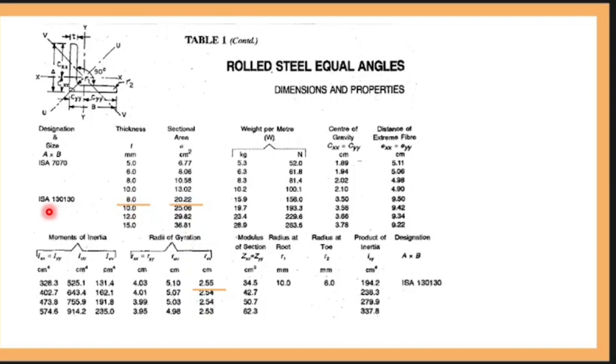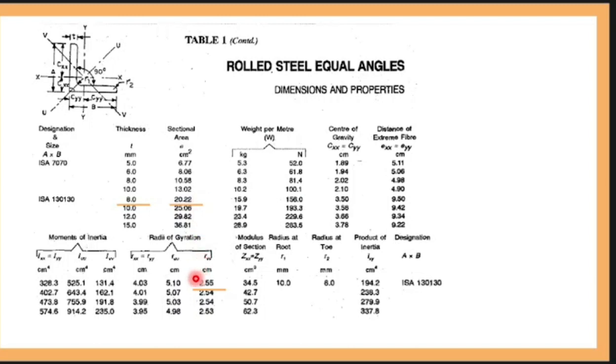Now you try a higher section. You have tried 90 into 12. Around 1/3 of the force has to be taken additionally. Now let us try 130 into 130 into 8 mm. This is your area, 2022.